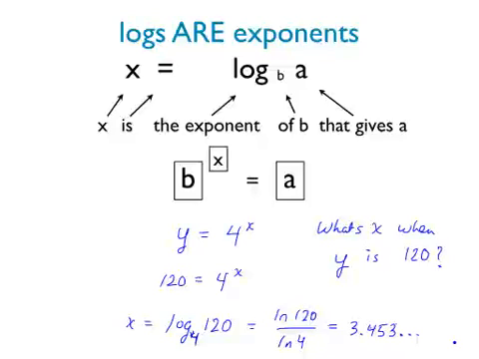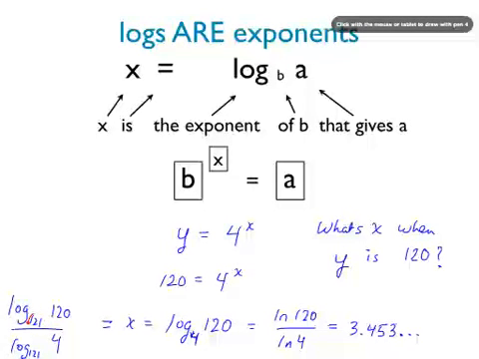Okay, another example. Question, sorry. Because of the change of base formula, this also equals the log base 121 of 120 over the log base 121 of 4. The change of base formula allows you to choose any base that you want.